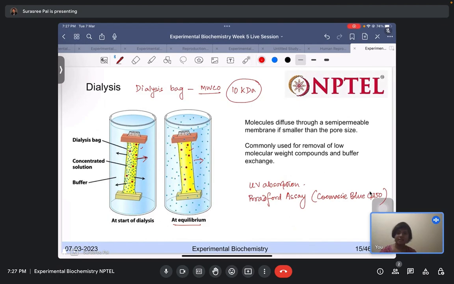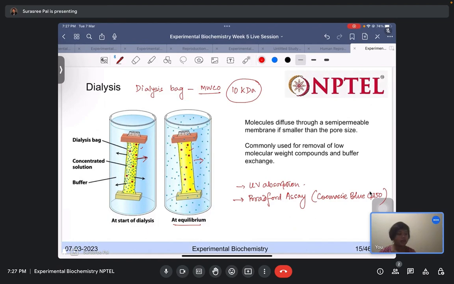Now I have discussed these chromatographic techniques, but after these chromatographic techniques, how do we check how much protein is being eluted out? How do we check the quality of the protein? For that, the experiments that we do are UV absorption and Bradford assay.